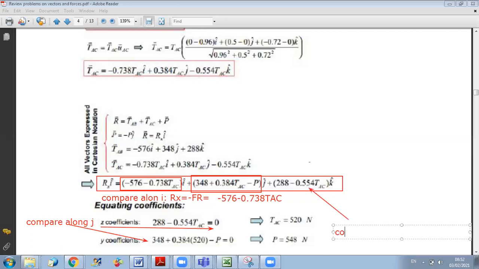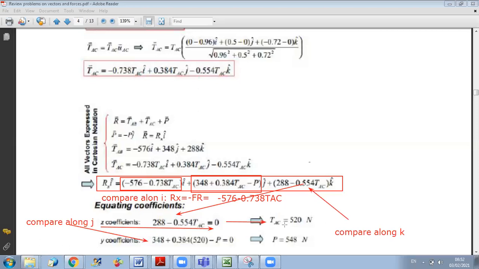By comparison along K, you get that 288 minus 0.554 TAC equals 0. So you deduce the value of TAC.